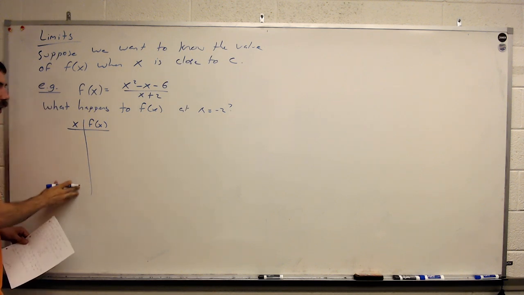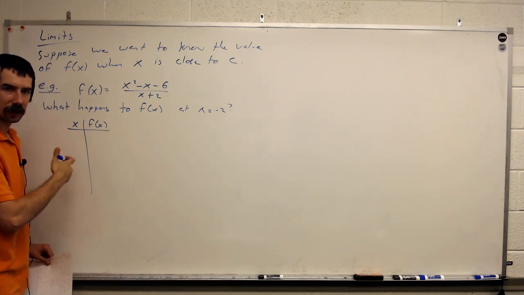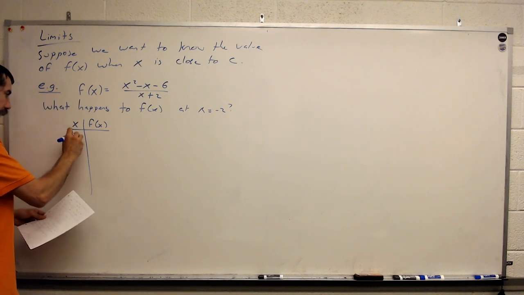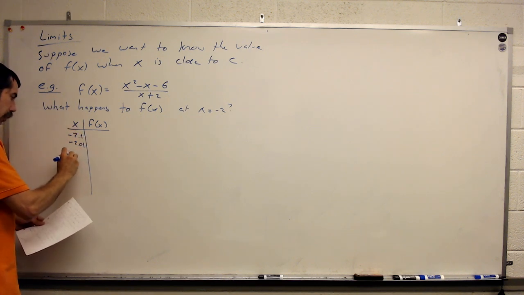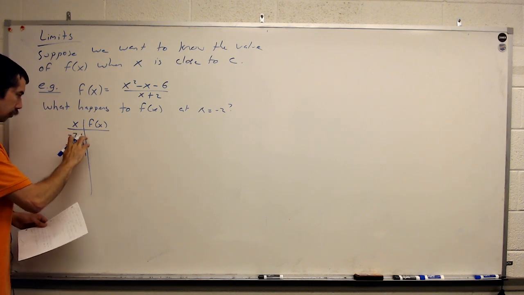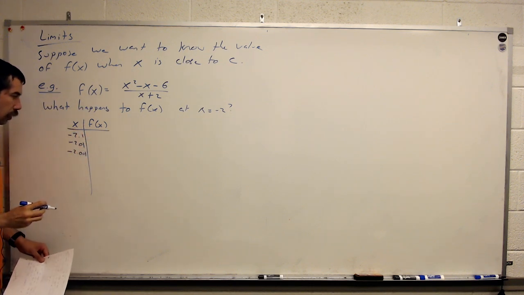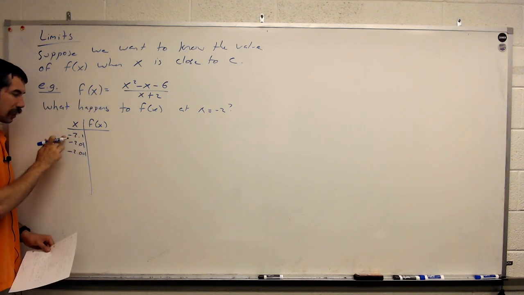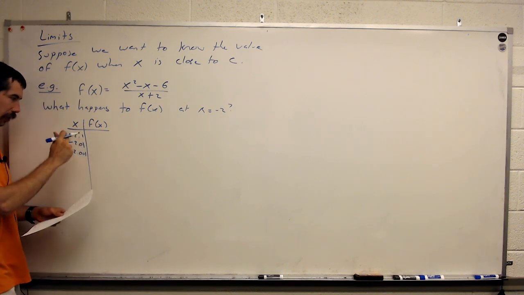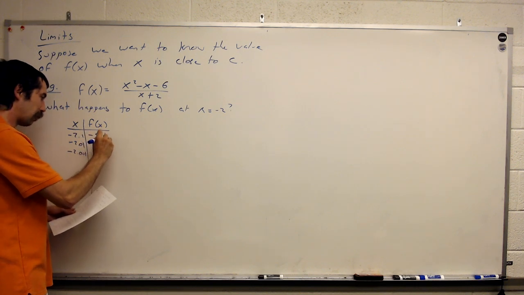We'll sub in some values for x that are close to negative 2, but a little bit further to the left. So let's say negative 2.1, negative 2.01, or negative 2.001. If we sub in negative 2.1 into our function, we get negative 5.1.